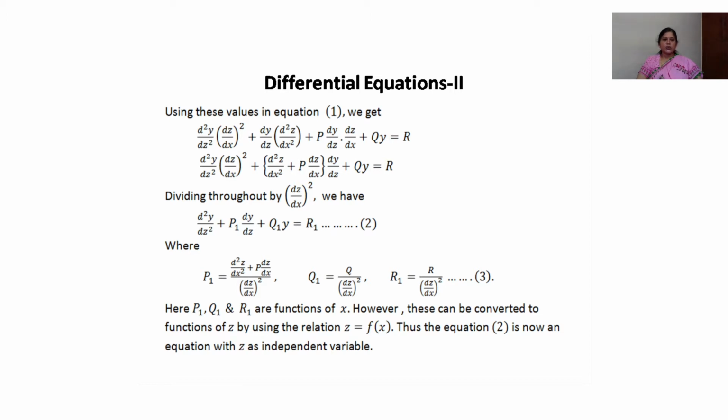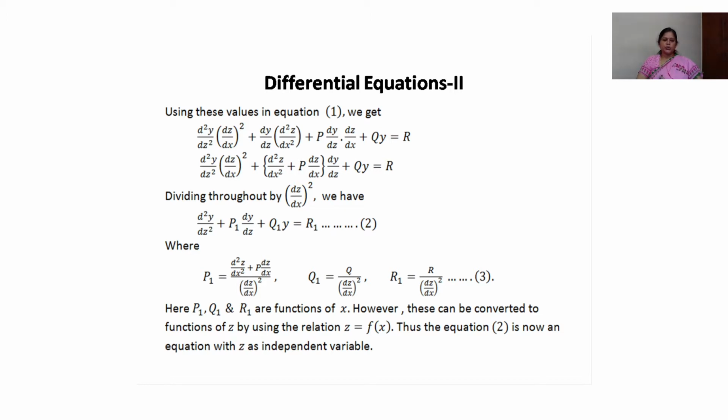So we'll get d square y by dz square plus p1 into dy by dz plus q1 into y is equal to r1, where p1 is equal to d square z by dx square plus p into dz by dx whole thing divided by dz by dx whole square, and q1 is equal to q by dz by dx whole square, and r1 is equal to r by dz by dx whole square.